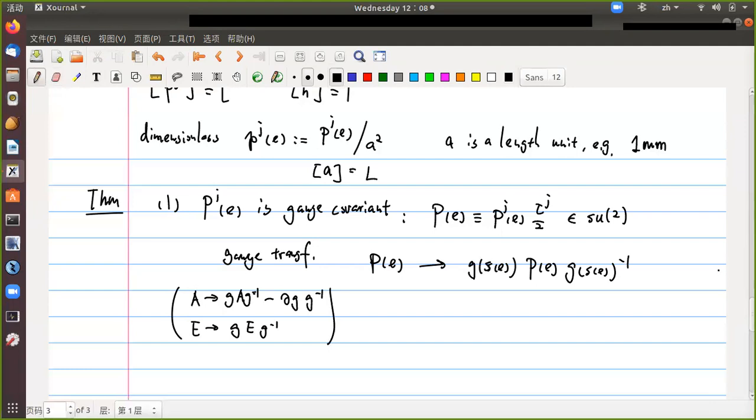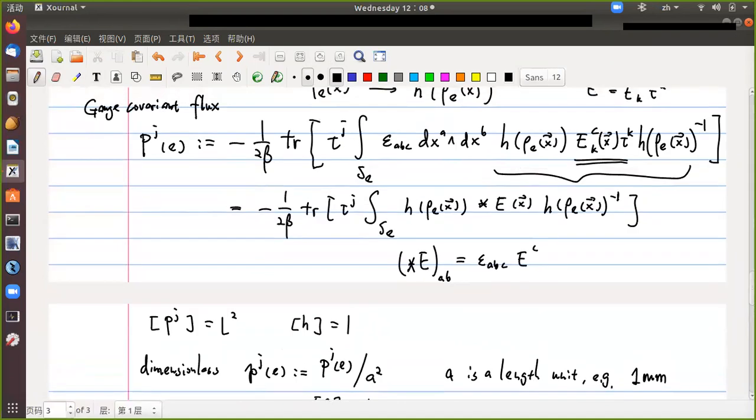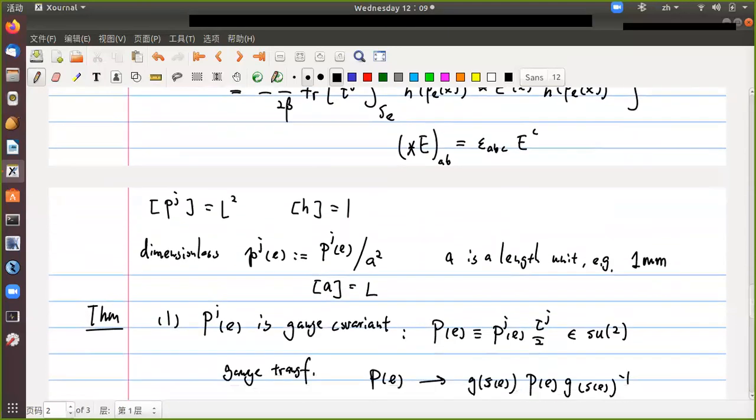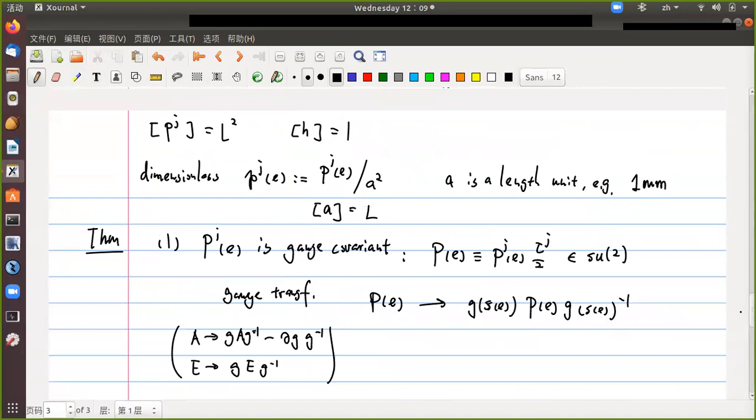So you see that the gauge transformation only depends on the gauge transformation located at the source of E. So look at this point. You can see this is just the starting point of this holonomy rho of E. So it matters. It's different from holonomy.